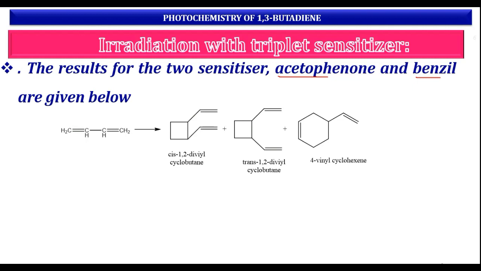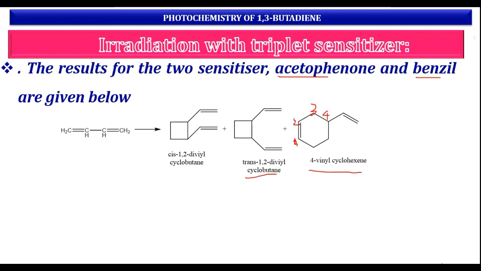Here 1,3-butadiene gives three products: cis-1,2-divinylcyclobutane, trans-1,2-divinylcyclobutane, and 4-vinylcyclohexene. So when you irradiate with the triplet sensitizer, the first one is cis-1,2-divinylcyclobutane, then trans-1,2-divinylcyclobutane, and the last one 4-vinylcyclohexene.